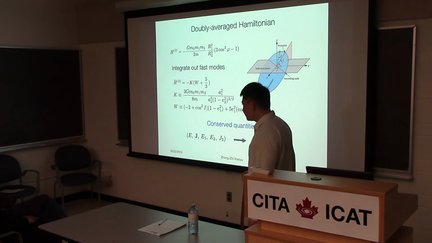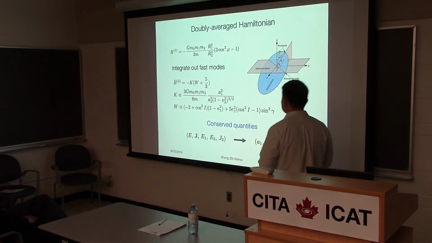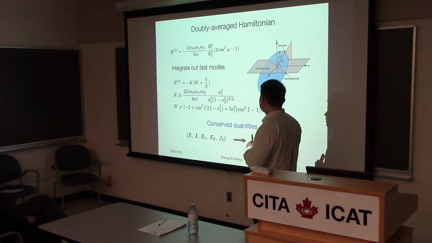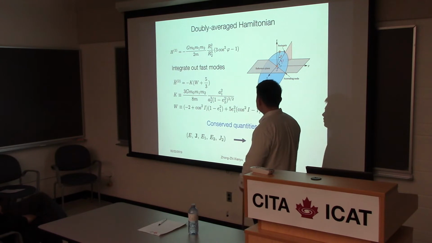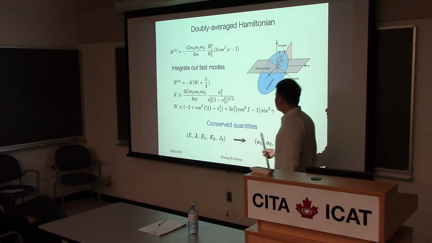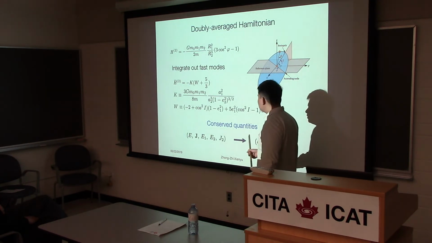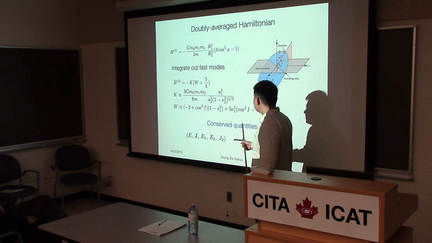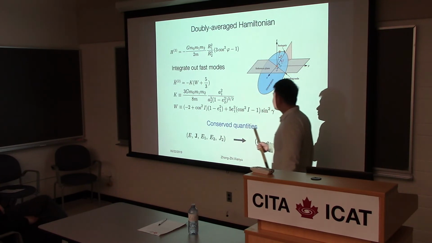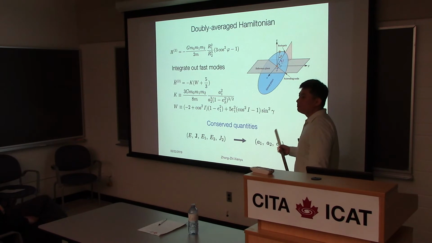The funny thing about this expansion is that there is some accidental symmetry we realized at the leading order. Of course we have the total energy and total angular momentum conserved, but on top of that, the leading order interaction tells us that the energies of the two orbits are also separately conserved, meaning that the separations A1 and A2 are also conserved.